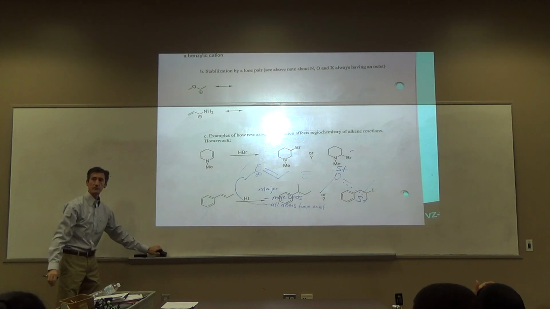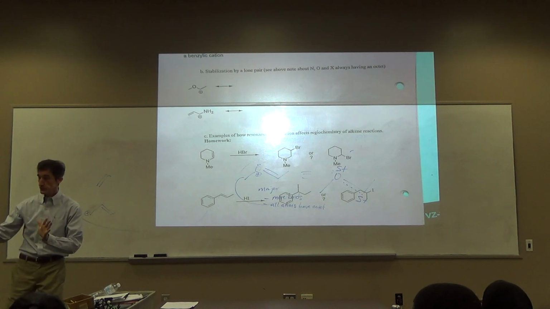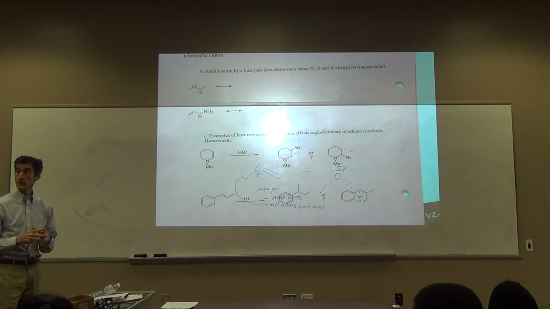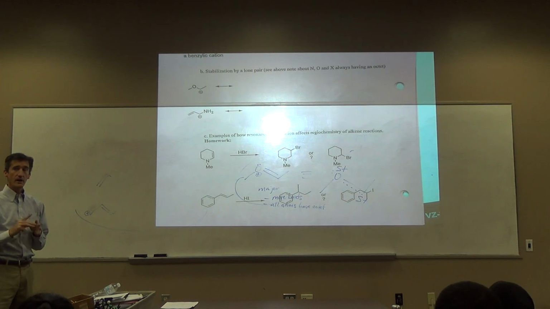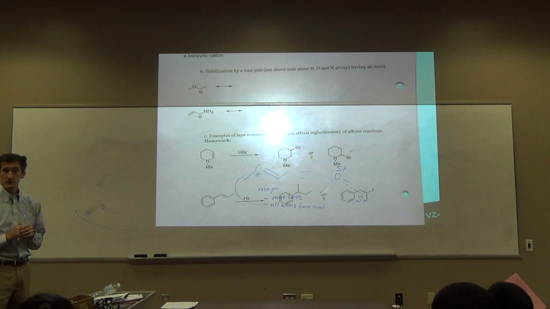Well, to really show it out, show both possible cations that could form when the alkene reacts with the H+. Show both possible ones and then say, okay, which one is better? And guess what? If one is stabilized by resonance, it's going to be better than one that is not.